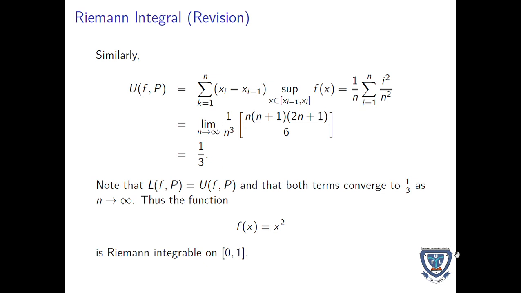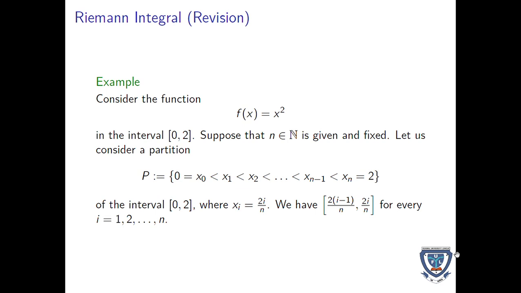Similarly, the upper sum, when you apply it and simplify properly, you are also going to get 1/3. So note that the lower sum is equal to the upper Riemann sum, and that both terms converge to 1/3 as n goes to infinity. Thus, the function f(x) equal to x squared is Riemann integrable on [0, 1], and the Riemann integral is 1/3.